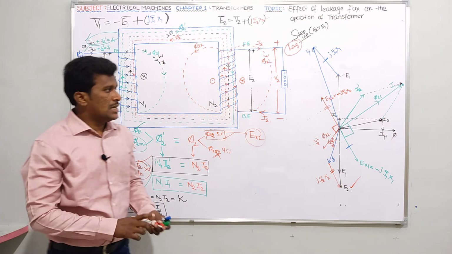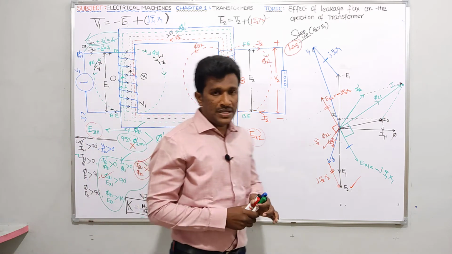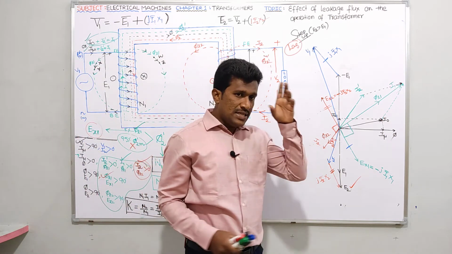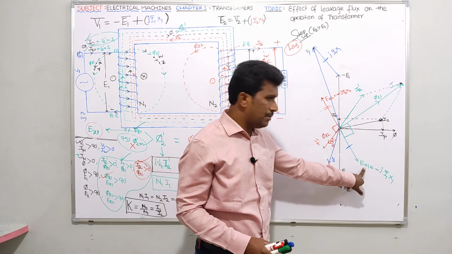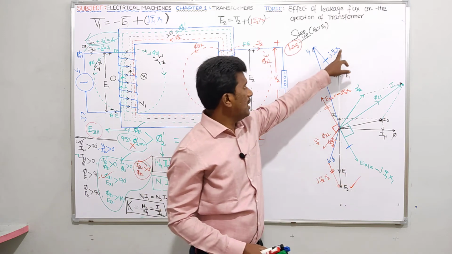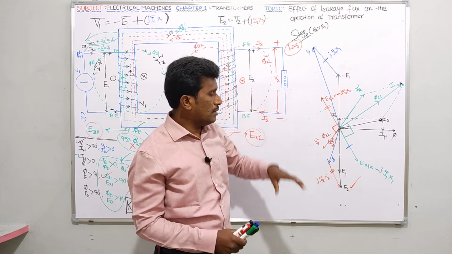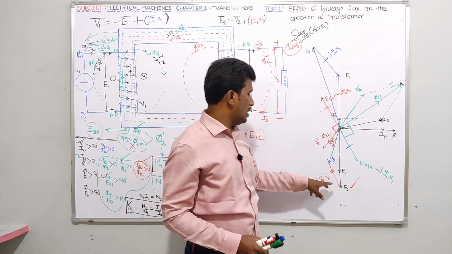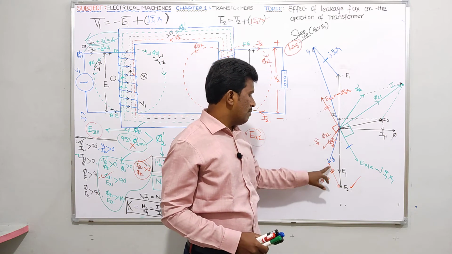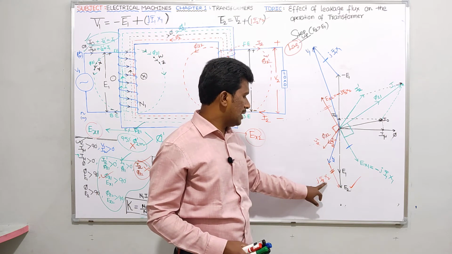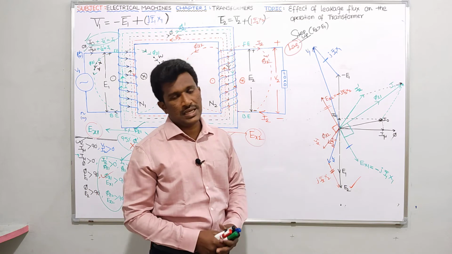So like this, I am just going to compensate useless EMF EX1 in primary side by connecting some leakage reactance X1 in primary side. Similarly, I am going to compensate EX2 in secondary side by connecting some leakage reactance X2 in secondary side.